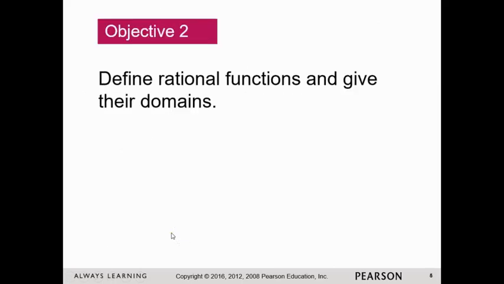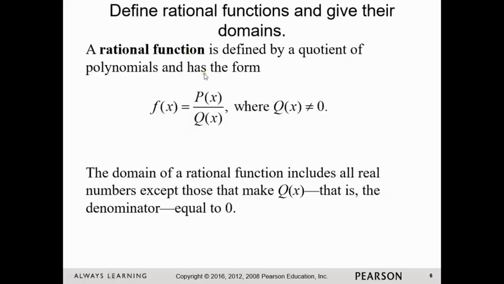So we defined rational expressions. Now we want to get into functions and give their domains. This is an extension of what we did in chapter 4, I believe, where we were talking about the domains of functions that had a fraction. A rational function is defined as a quotient of polynomials.